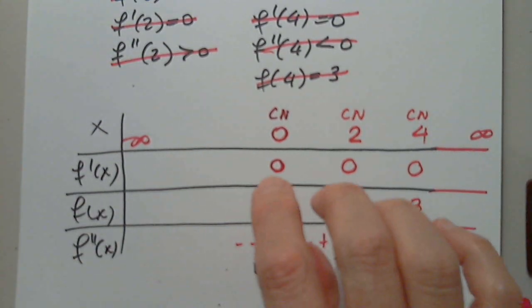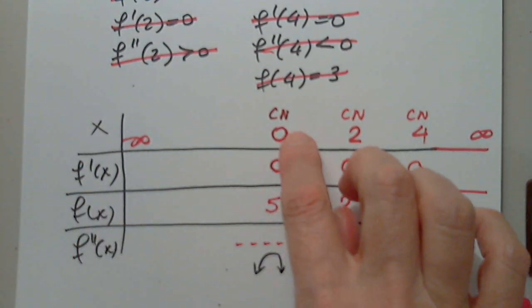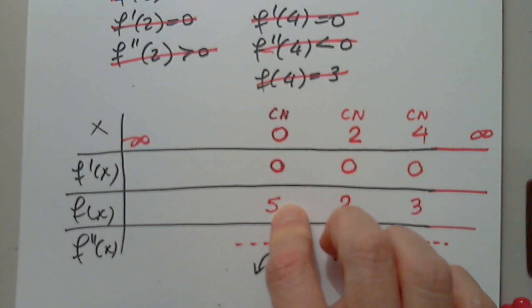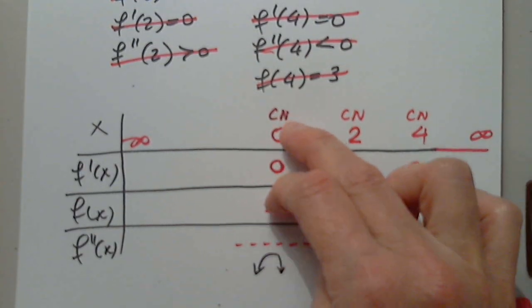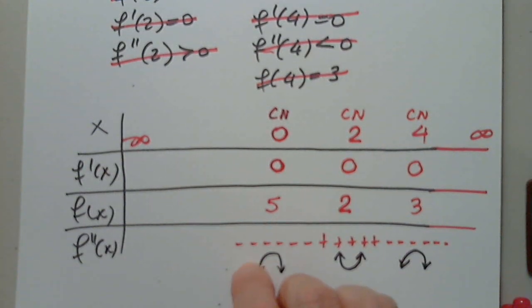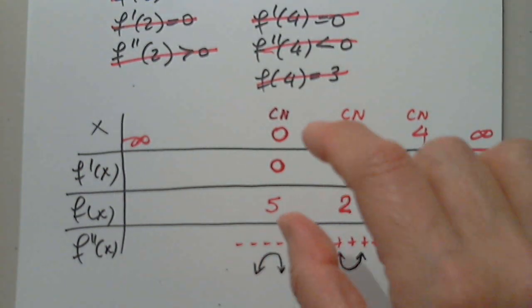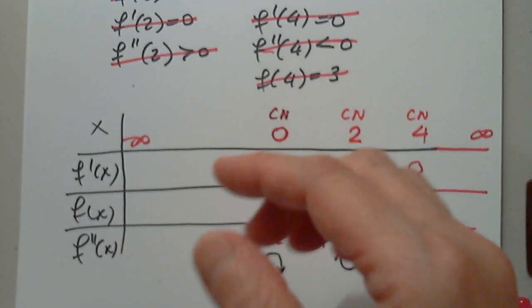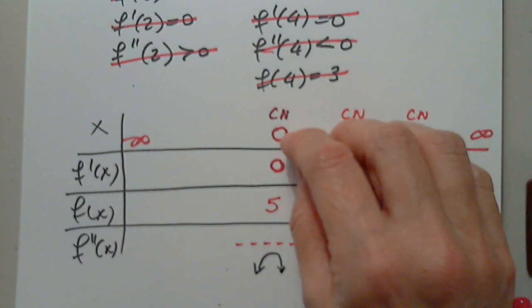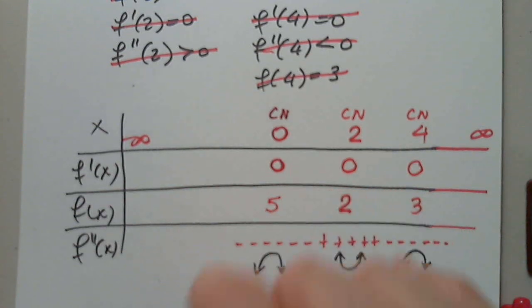Okay. At this point, 0, 5, the function has a critical number, and the function opens downward. What type of critical number, what type of extrema will 0, 5 be? Downward.